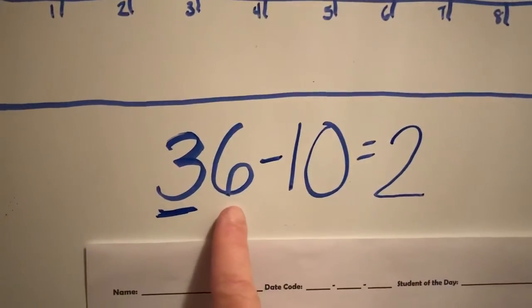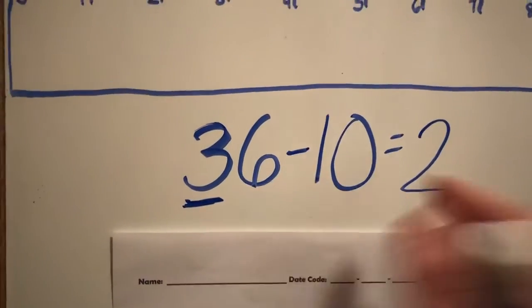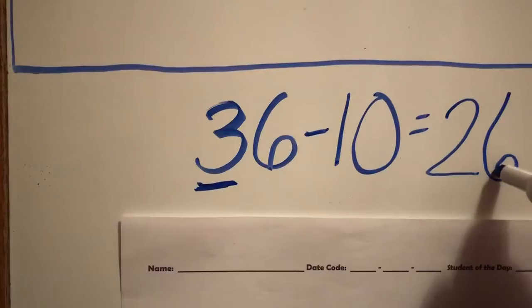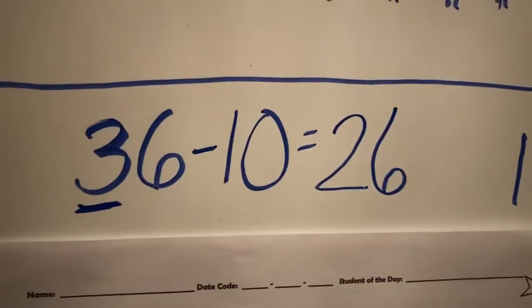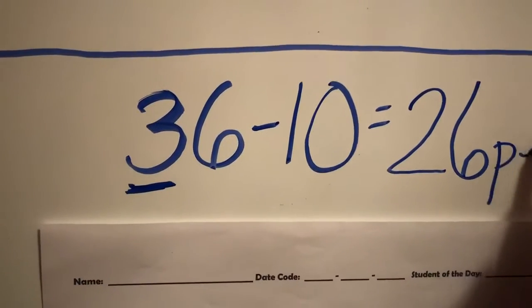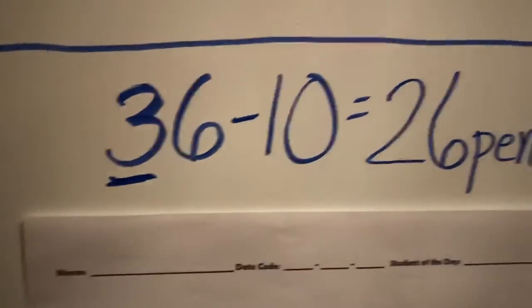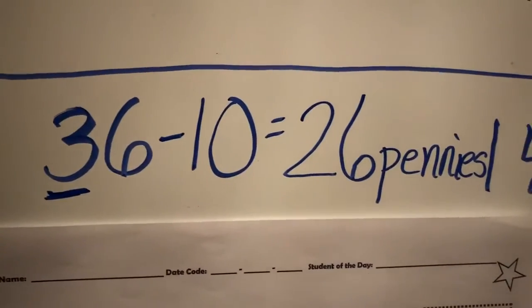And then our ones place remains the same, doesn't it? It's like saying 6 minus 0. So 6 stays the same. And so how many pennies does Haley have? She has 26 pennies, and we always want to put our label. 26 pennies. Okay, very good.